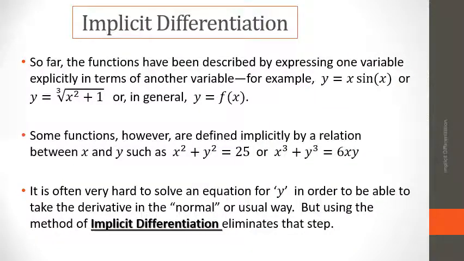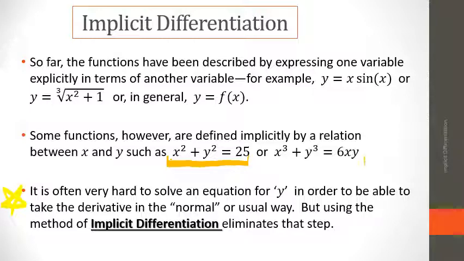This slide is just talking about why we need to know how to do implicit differentiation. Why is it necessary? Mainly, I think what I get out of it is this last bullet point here. It's often very hard to solve for y in order to take the derivative in the usual way. When we use the method of implicit differentiation, it eliminates that step. And if you look up here, let me highlight some. This one right here, x squared plus y squared equals 25, you could solve that for y.